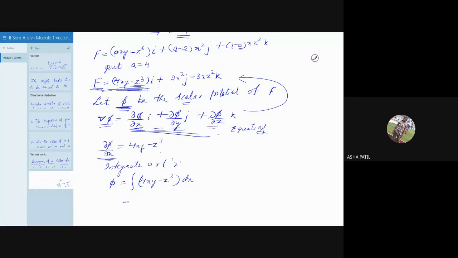What's the integration now? With respect to x, 4y is a constant, so we keep it. Integration of x is x square by 2. Minus z cube is again taken as a constant term, and the integration of 1 gives x. Anything else to be written?